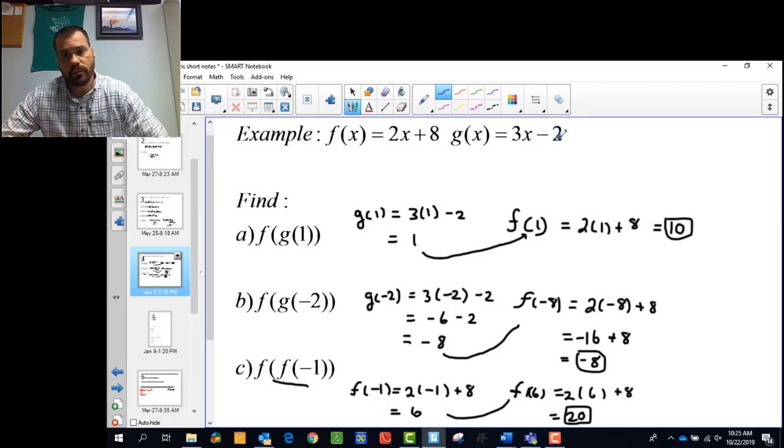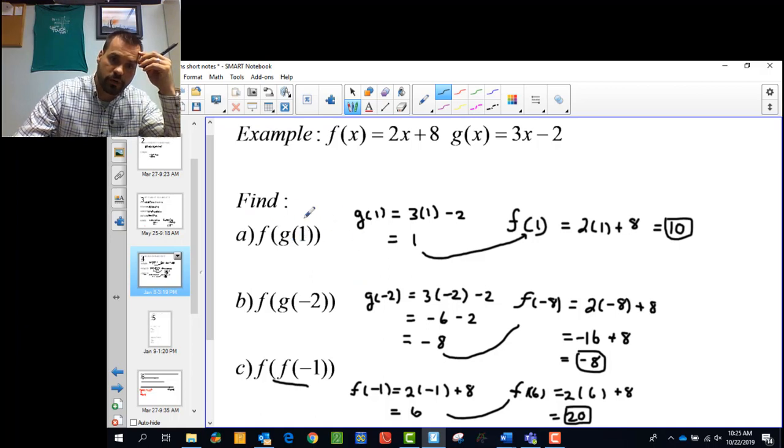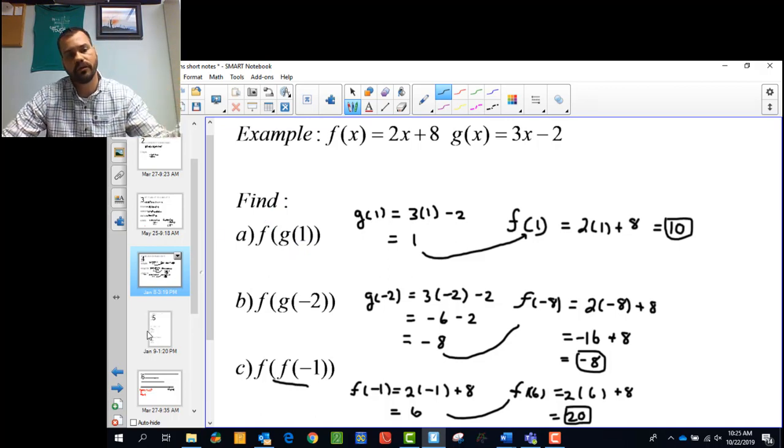So it's going to give me a list of y values. Those y values then get put into this function. That's the second step, right? So when we're talking about domain and range, we're saying the range of the first function, that is the y values that are produced by g, become the x values in f. That's what we mean by domain and range. So the domain of the second function is the range of the first function.